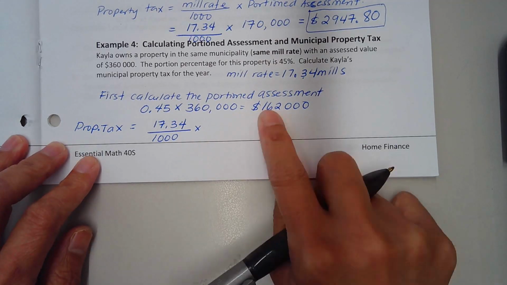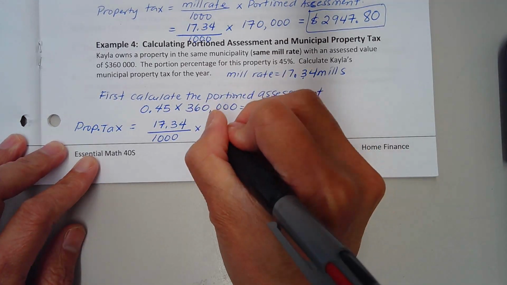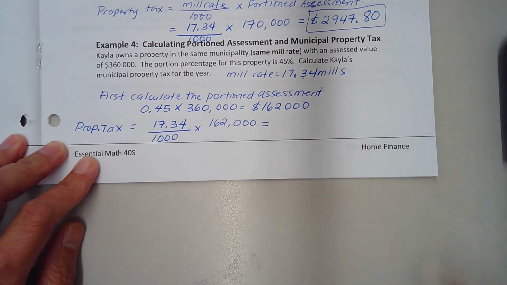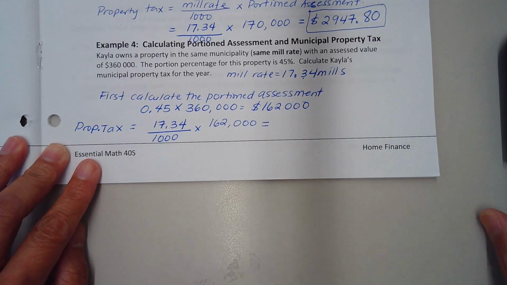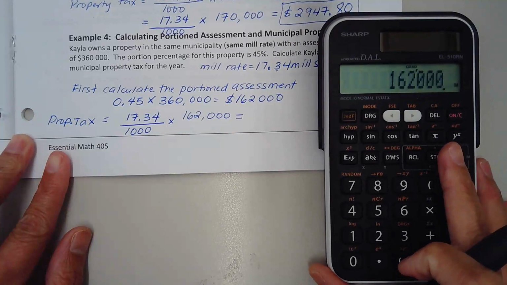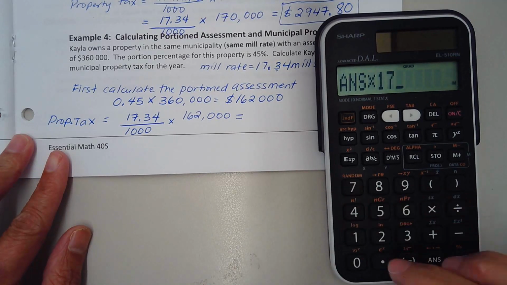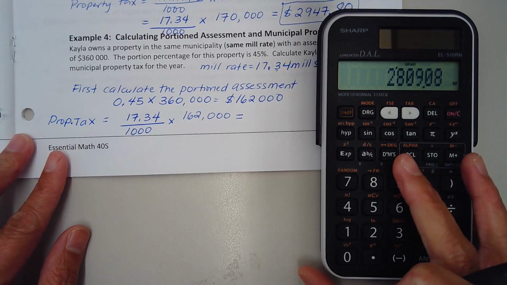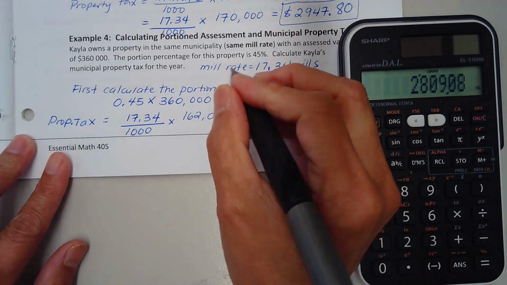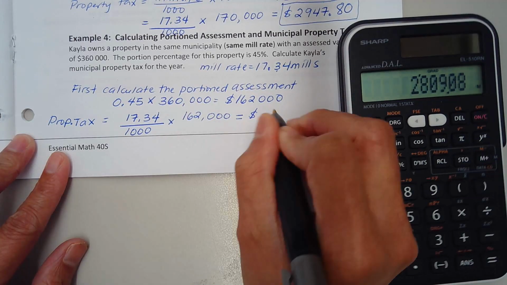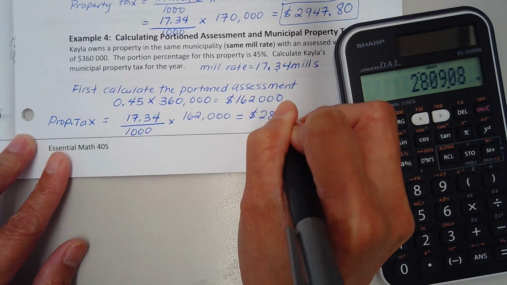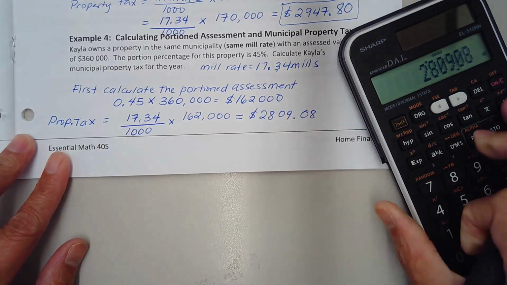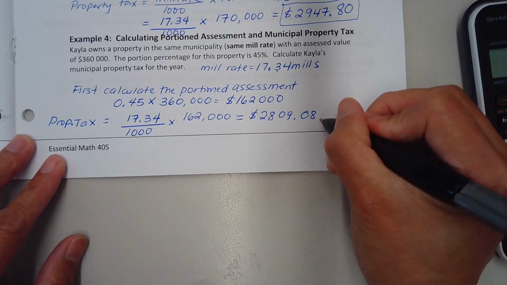So the portion assessment is 162,000. We just got to figure that out. So go ahead and figure that piece. Okay, got 2809.08. That's it.